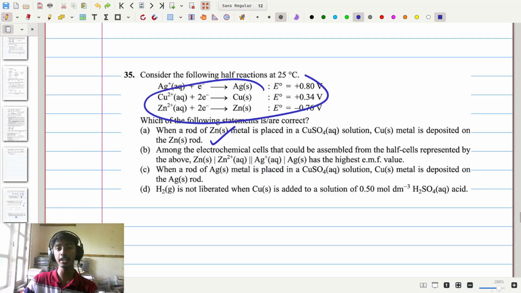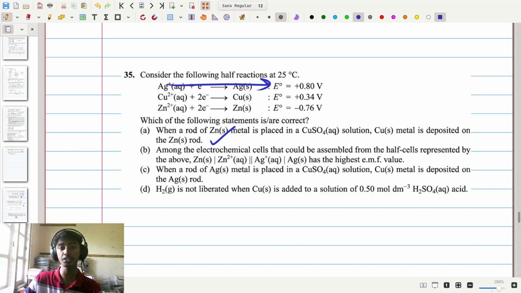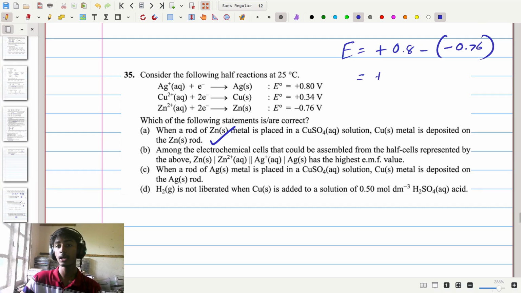Out of these reactions, this direction is reduction, so oxidation is the opposite direction. With this cell, the potential E would be the reduction side of plus 0.8 minus the oxidation side, which is again minus negative 0.76, giving plus 0.8 plus 0.76, which simplifies to 1.56 volts.